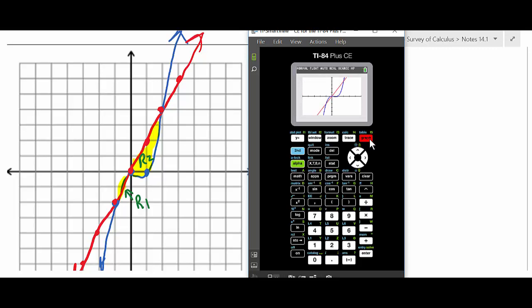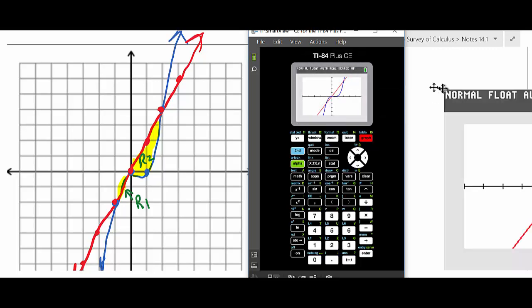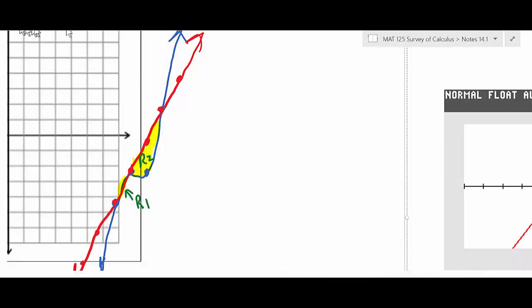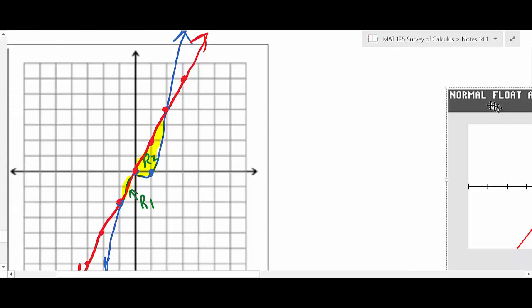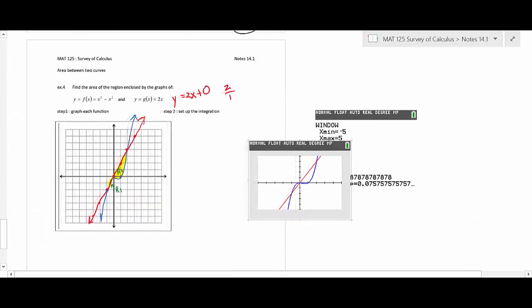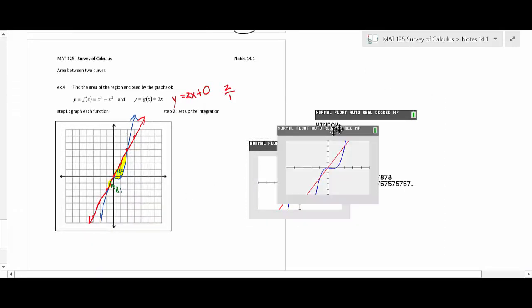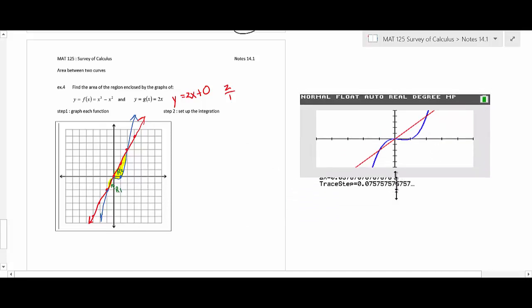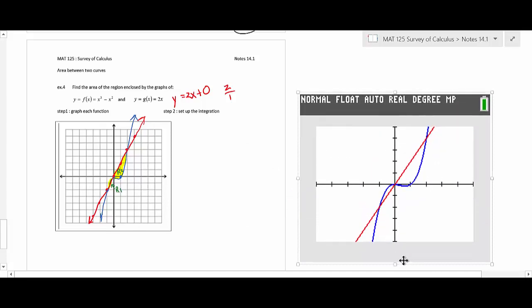Okay, now if you look at my calculator, I think it's pretty obvious that you have two regions that we need to set up. All right, so let me zoom in on this. If I look at my graphing calculator, you can pretty well see the two regions. We got this region right here, and then that region there.